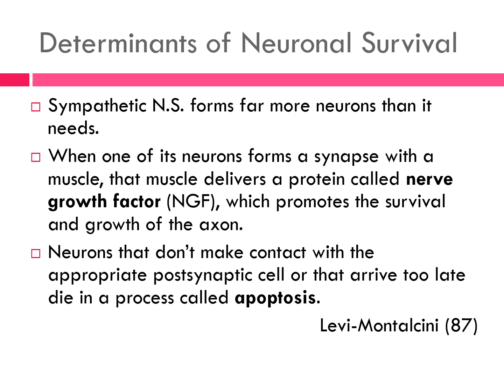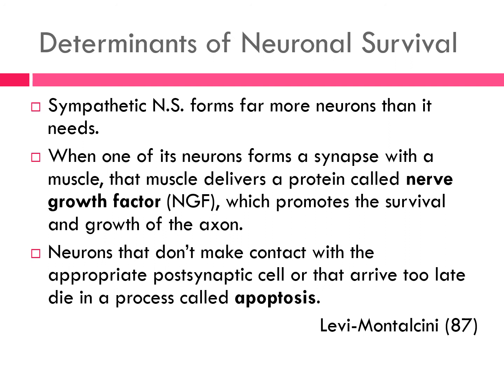So focusing on her work, but she found, okay, working in the sympathetic nervous system, that the sympathetic nervous system forms far more neurons than it needs. When one of its neurons forms a synapse with a muscle, that muscle delivers, in this case, a protein, the neurotrophin nerve growth factor, or NGF. We will come back to that a couple of times throughout the semester, which promotes the survival and growth of the axons. And then neurons that don't make contact with the appropriate postsynaptic cell, or the ones that are arriving later, so they're just not as strong synapses, they are going to die in a process called apoptosis.